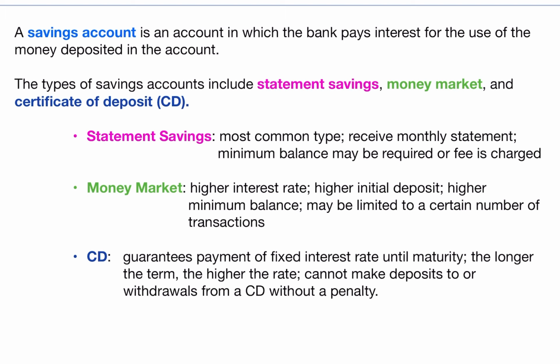It could be 1 year, 2 years, 5 years, whatever the term may be. You keep it in there for that time, and at the end of that period, the bank will pay a certain amount of interest for the deposit. You cannot make additional deposits or withdrawals during that time unless you incur some sort of penalty.